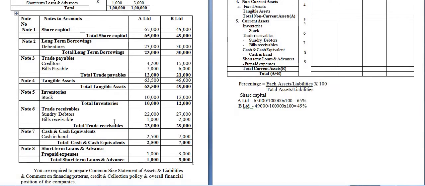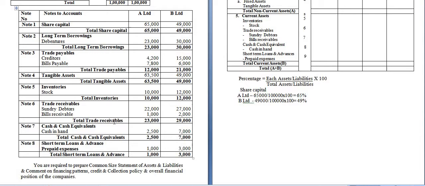Okay. And the question is, you are required to prepare common size statement of assets and liabilities and comment on financing pattern, credit and collection policy, and overall financial position of the companies. Okay. So this is the question.